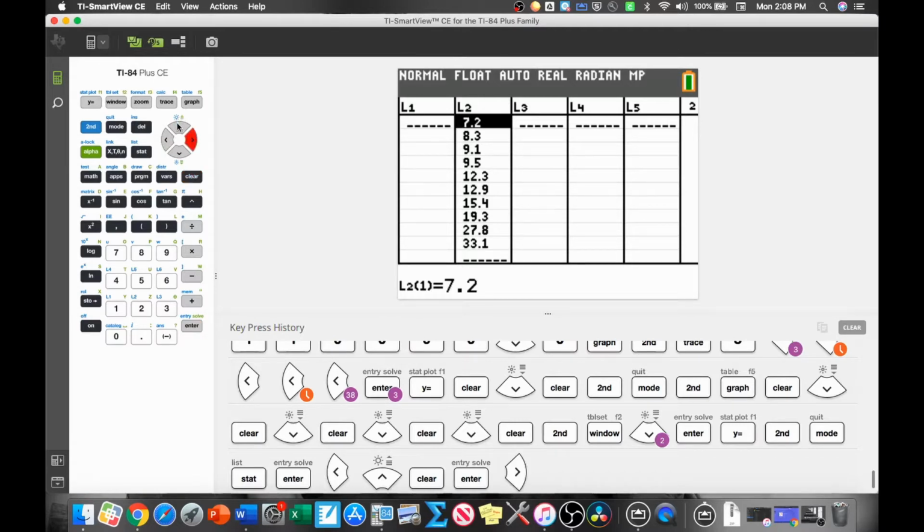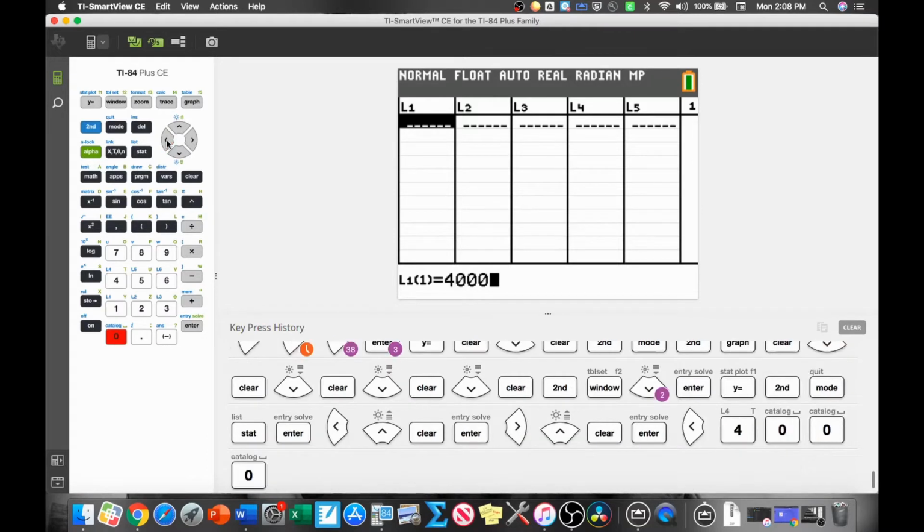Arrow over to L2, arrow up to highlight L2, hit clear, and then enter, and it just cleans out what was there. Now you can have some empty columns if you had stuff there, and you literally just have to type the data in. So this does take a couple of minutes, but it's not a big deal.